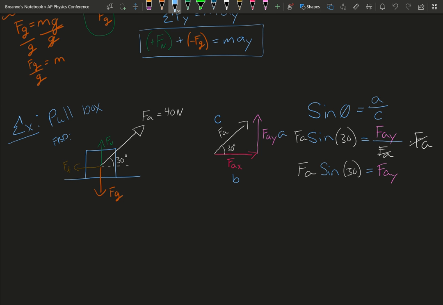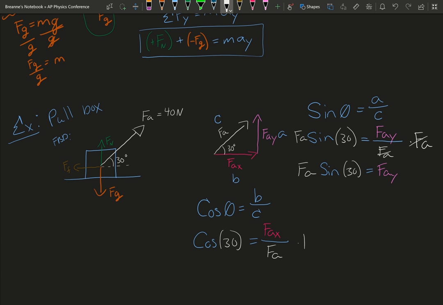And we're going to do the same thing with cosine now. Cosine theta is just our B over C. So cosine doesn't change, it's still 30, equals our B, which is our force applied in the X, divided by our force applied.